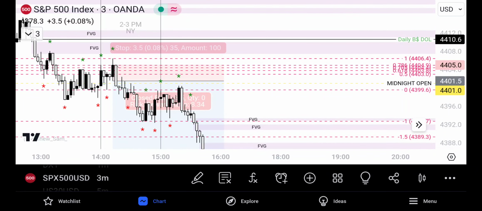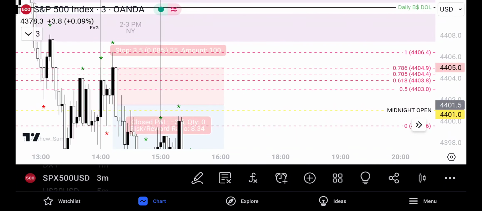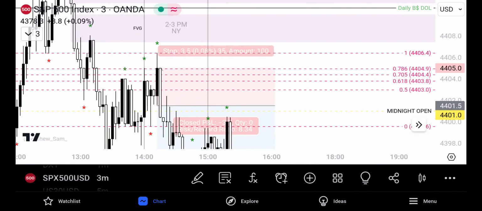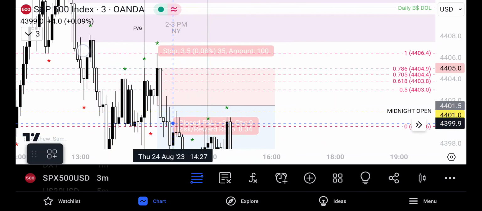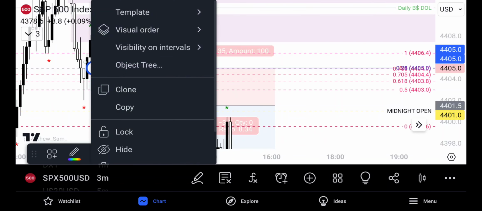Here, it's this one right here. And I did a confirmation entry, but I was looking at this fair value gap right here as price was trading.